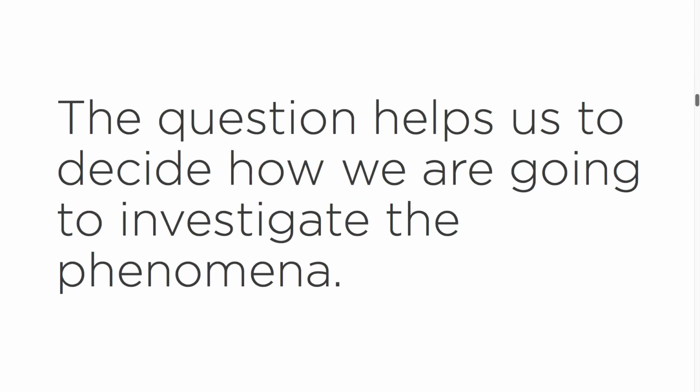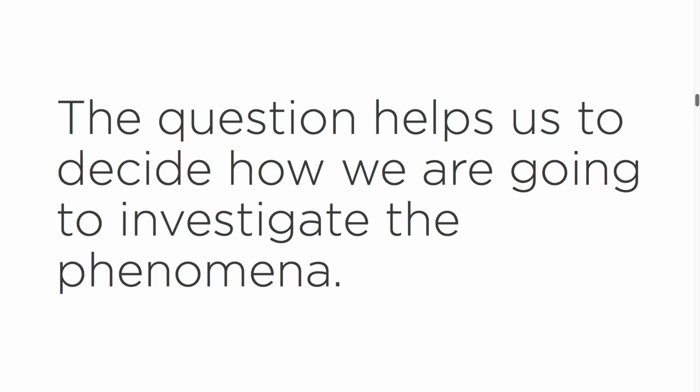But because it's a new phenomenon or we're observing something different, we are asking questions and trying to answer them, but we need to investigate and carry out an experiment in order to be certain that our prediction is right or wrong, or our hypothesis is right or wrong.